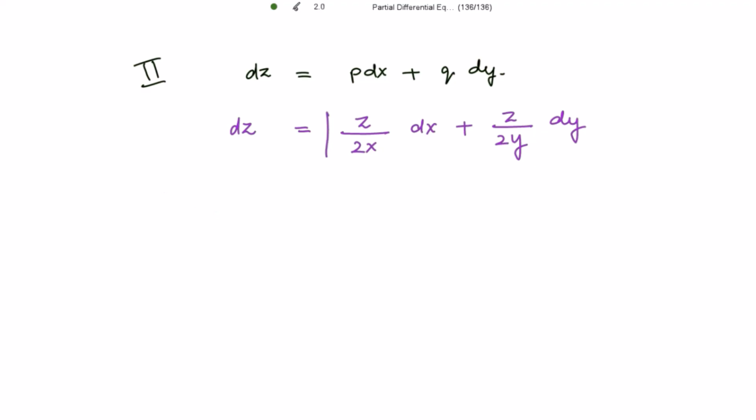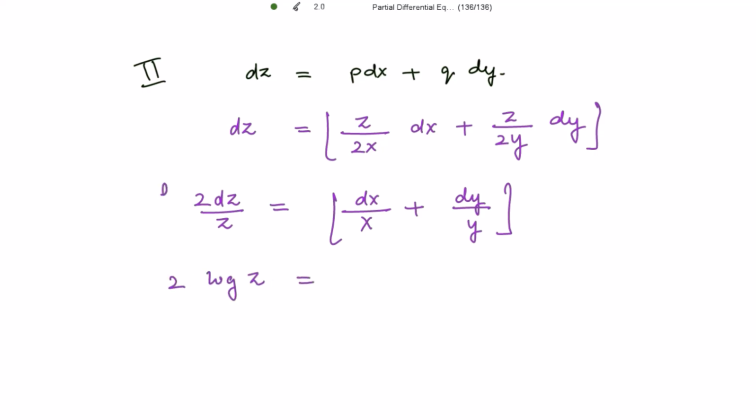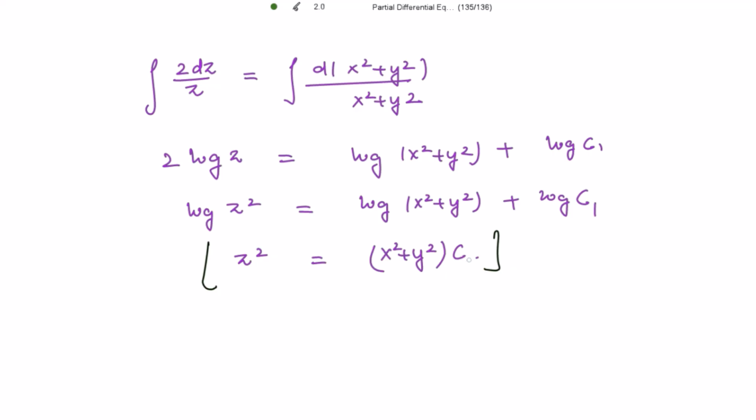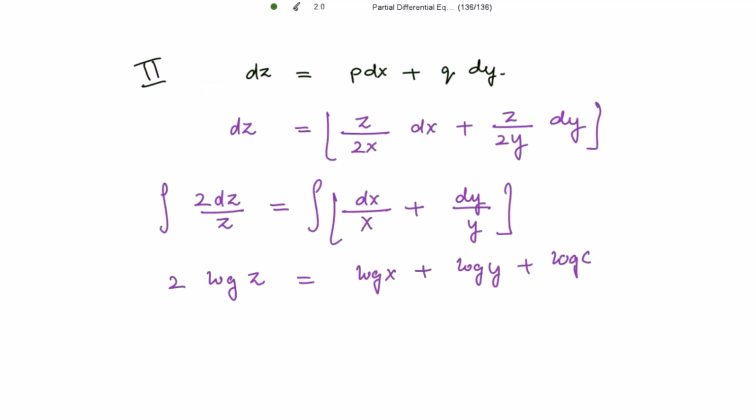Taking z to the other side when taking common from these two terms, so this is dz divided by z equal to half outside, dx divided by x plus dy divided by y, taking 2 to the other side, and now integrating both these we get 2 log of z equal to the log of x plus log of y, and the constant, let me take that constant to be c1. So taking this constant to be log c2, this is log of z square equal to log of xy c2. So that is z square is equal to xy c2. So this is another way of getting the second solution.